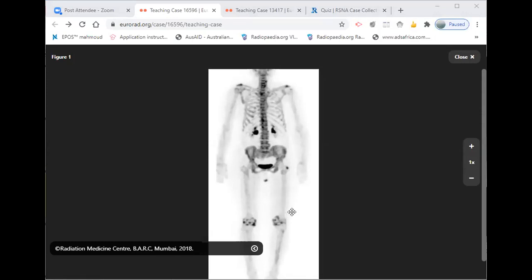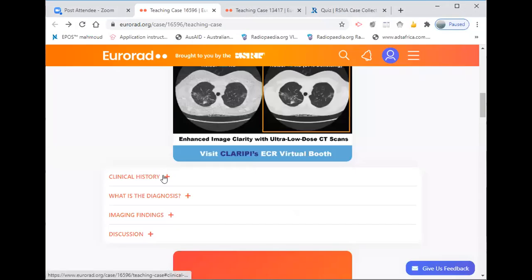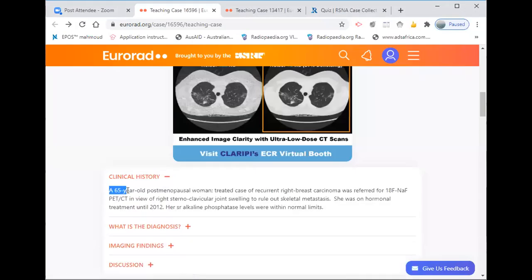And this sodium fluoride is to see the uptake in the bones. It is better than the conventional bone scan to see the metastasis. So sure that you will ask me about the history. This patient is 65 years old, a postmenopausal woman, and she has recurrent right breast cancer. She was referred to do what is called sodium fluoride PET-CT, okay?